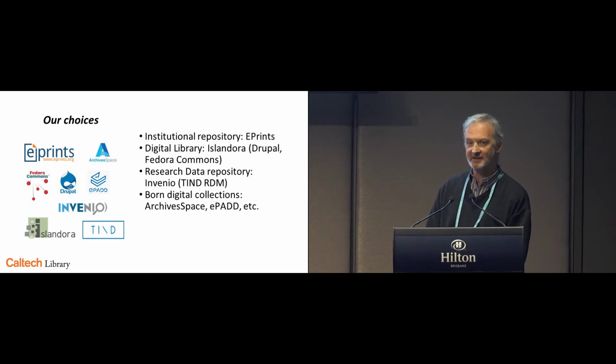And we are starting to build out born digital collections in the archives, and for that we have a number of different tools that we are working with, EPAD, Archivematica, et cetera, and we manage the archives data using ArchivesSpace.